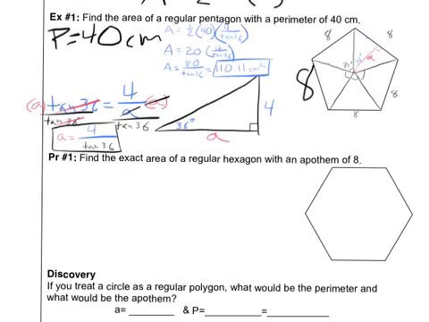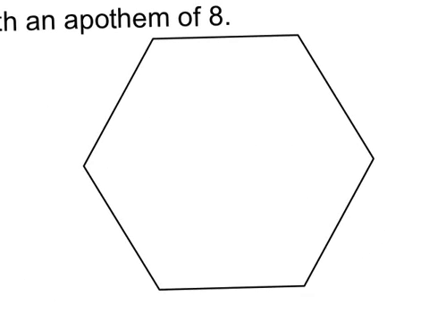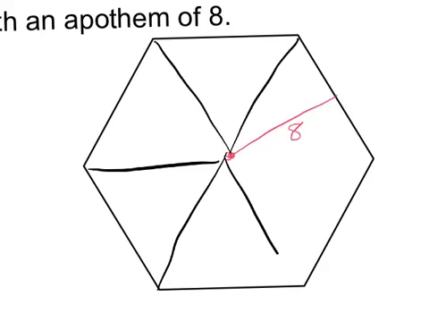And I start off knowing what the apothem is. I know that the apothem is 8. So in order to get the area, I just need to find the perimeter. Well, let's zoom in and see what we could figure out here. I have a center, probably about right there, with an apothem of 8. And now if I was to cut this thing into a bunch of triangles, I'd actually get 6 equilateral triangles, because 360 divided by 6 triangles would make 60 degrees each.